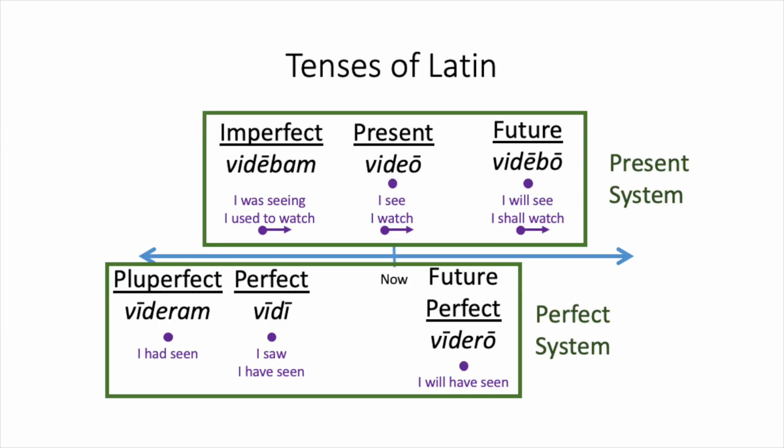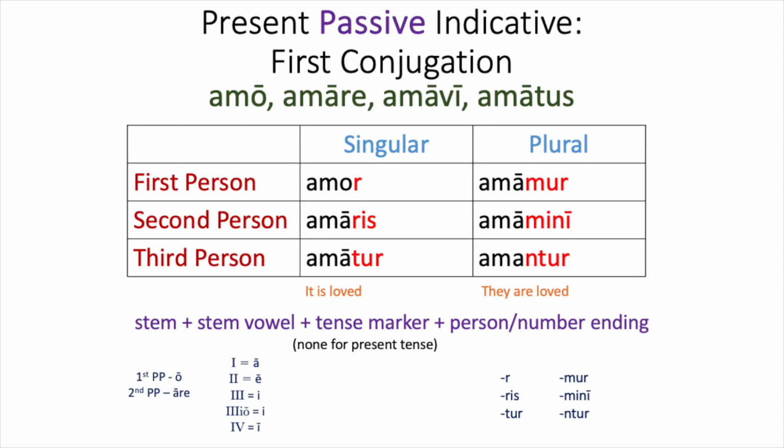So with that introduction, let's look at the present tense, the tense that's happening right now. Remember, to make your passive verbs for first and second conjugation, instead of -o, -s, -t, -mus, -tis, -nt as your ending, you use -or, -ris, -tur, -mur, -mini, -ntur. Remember, there is no tense marker for present.